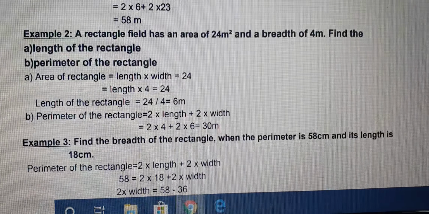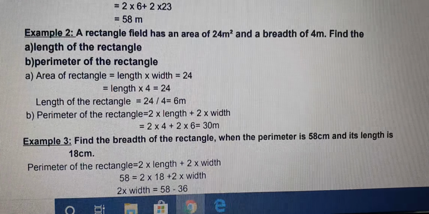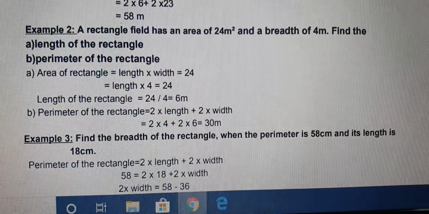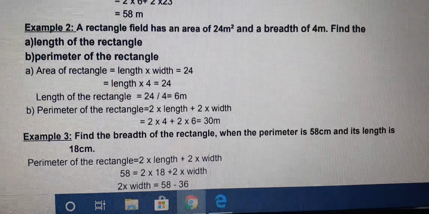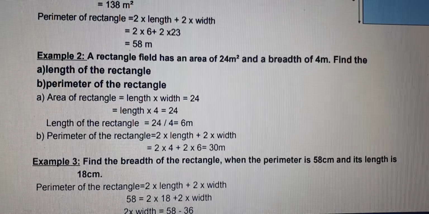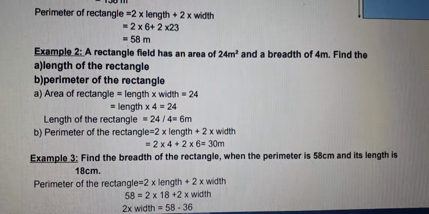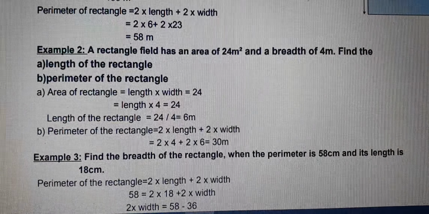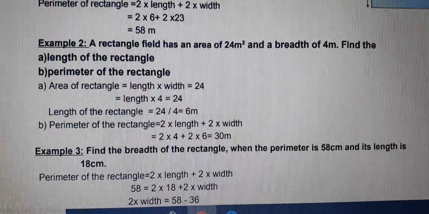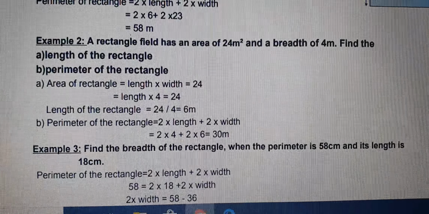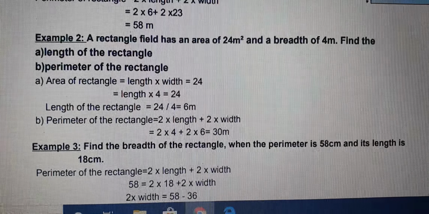So how are we going to find the length? The length of the rectangle is 24 divided by 4. Girls, if 4 length equals 24, one length is going to be 24 divided by 4, that is 6 meters.